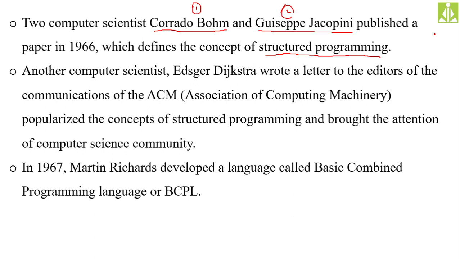Then in the year 1967, Martin Richards, also a programming language developer, developed a new language called Basic Combined Programming Language, in short BCPL.